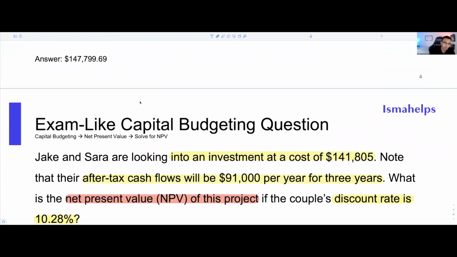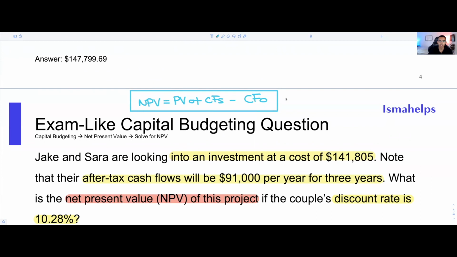Net present value essentially is going to be equal to the present value of your future cash flows minus your initial investment. That's really the formula that I would like to coin when we're looking at the NPV. You're going to solve for the present value of all the cash flows that you expect, and then you're going to subtract your initial investment, the money that you had to spend today.